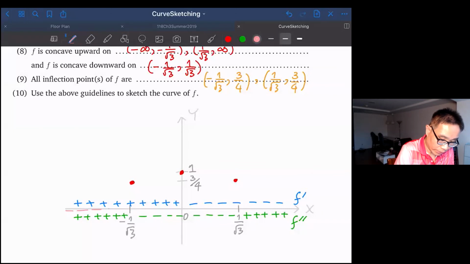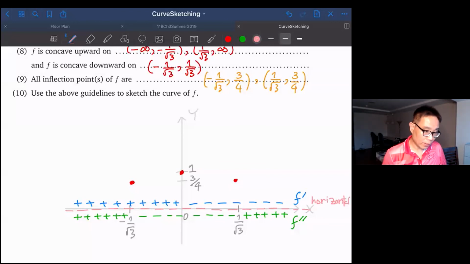So it's going to be a dotted line. So this one will be the horizontal asymptote. Okay, and this is all of the information that we gather from the above calculation.